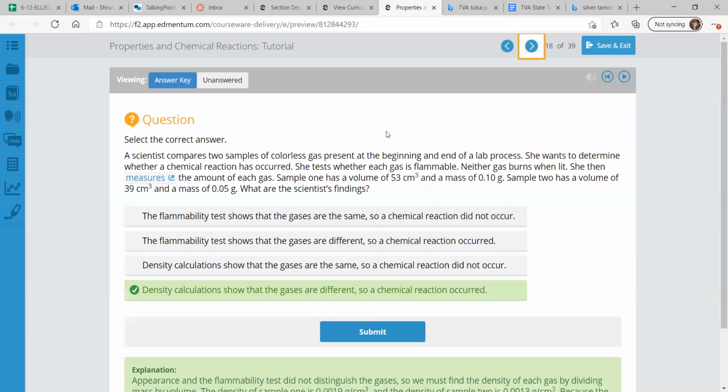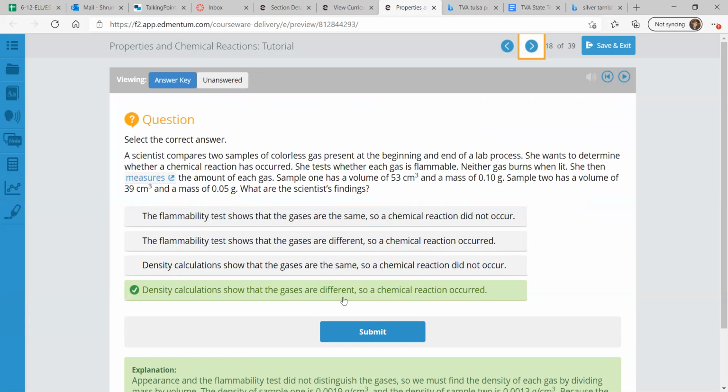She then measures the amount of each gas. Sample 1 has a volume of 53 cubic centimeters, so that's a volume, and a mass of 0.10 grams. Sample 2 has a volume of 39 cubic centimeters and a mass of 0.05 grams.